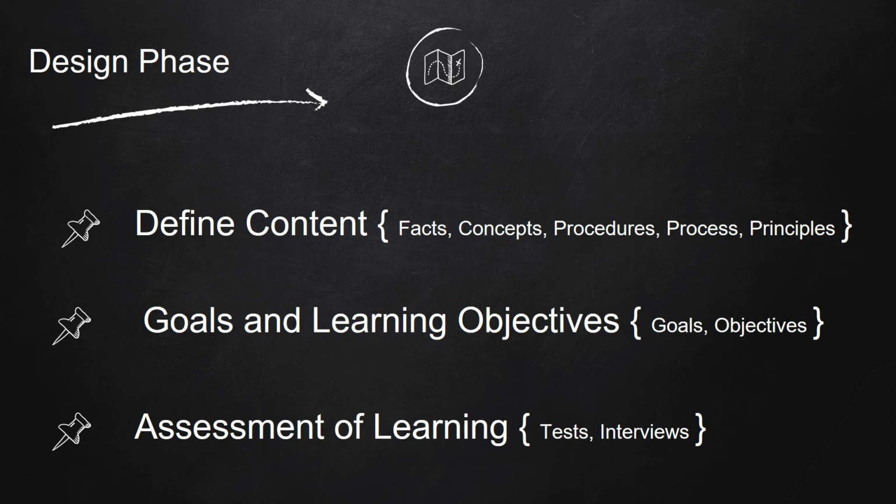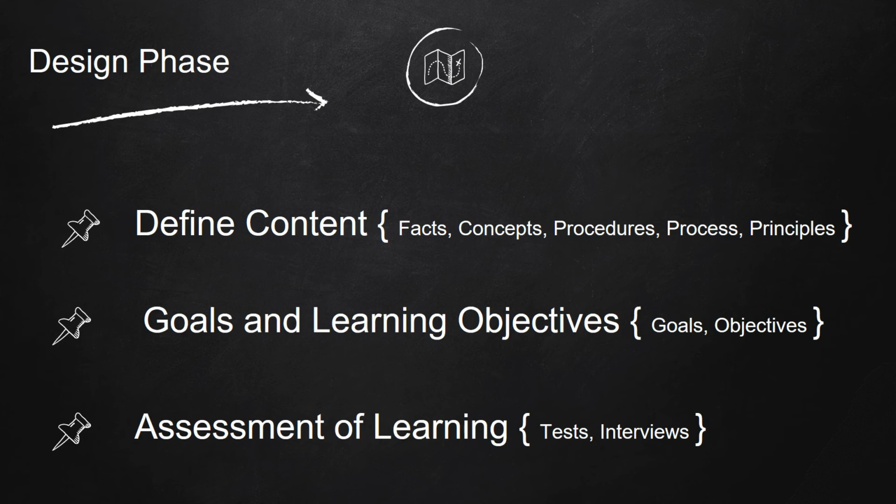For example, by the end of training participants would be able to complete the expense report with 95% accuracy all the time. So it is imperative to define the training goals and objectives as they act as a roadmap for the course. For each module you should have a learning objective, and for the training as a whole you should have a goal to evaluate it later.